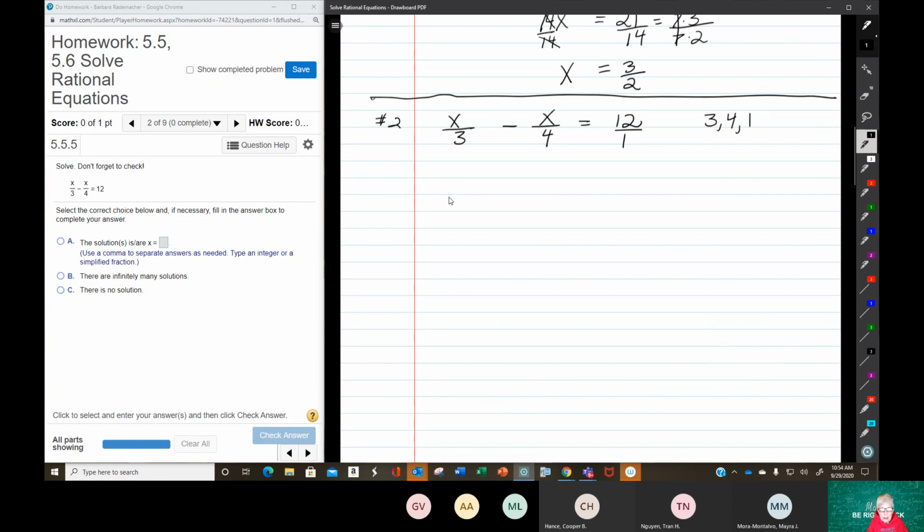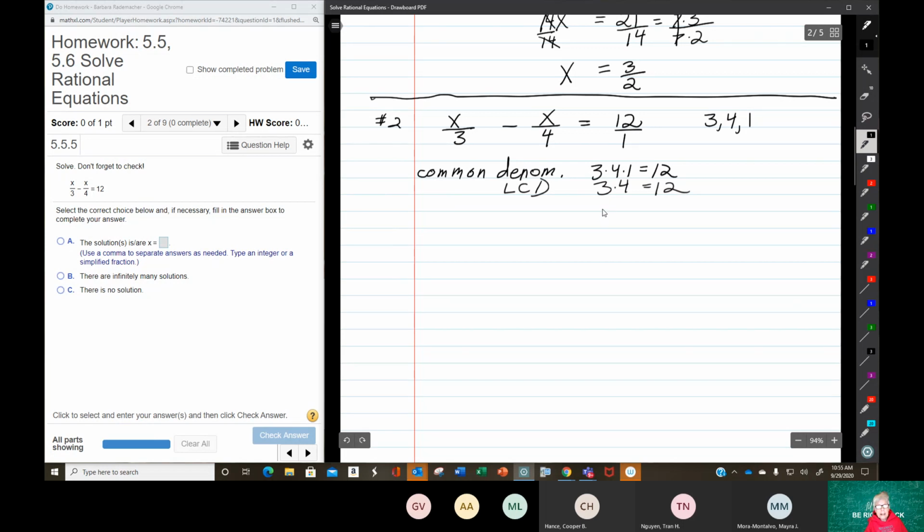My common denominator, common denom, is going to be 3 times 4 times 1 equals 12, and my lowest common denominator, LCD, is going to be 3 times 4, which is 12.